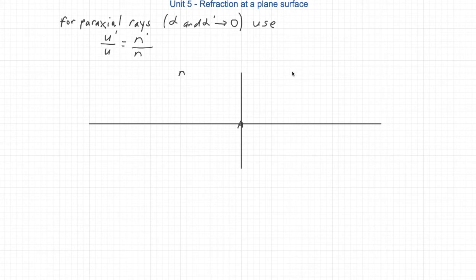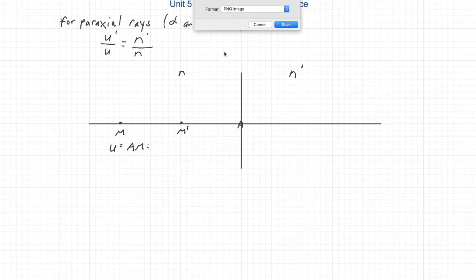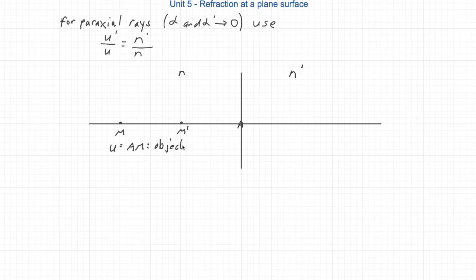A is where the interface crosses the optical axis. M prime is the image location. M is the object location. So u is defined as the distance from A to M. It's the object distance. In this case, it goes from right to left. Therefore, it's a negative number. And u prime equals AM prime.